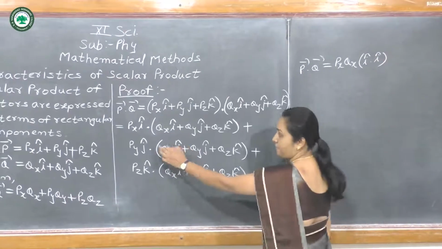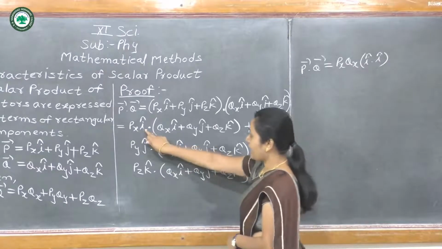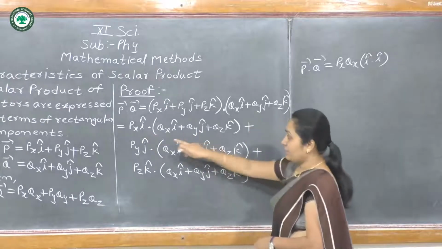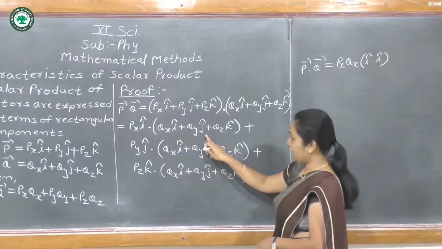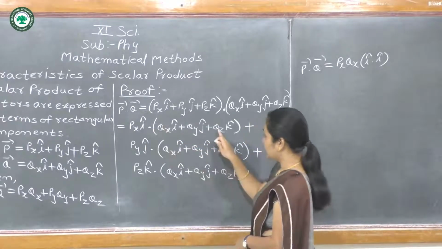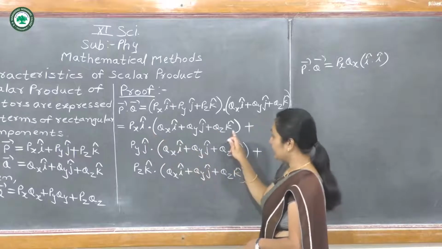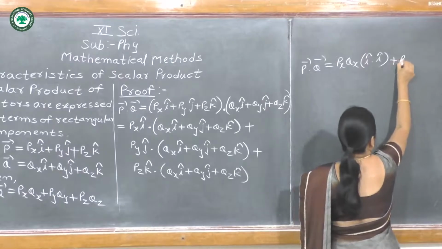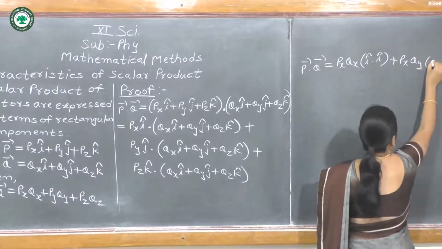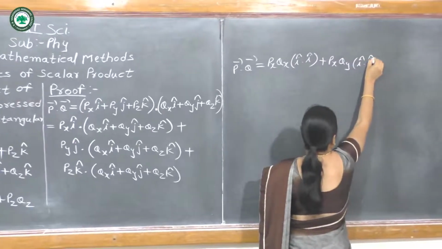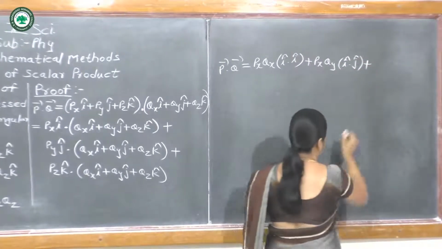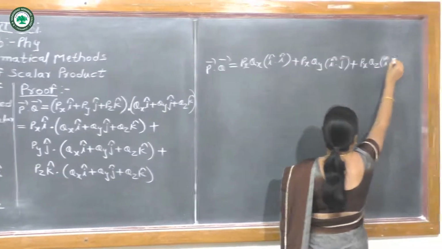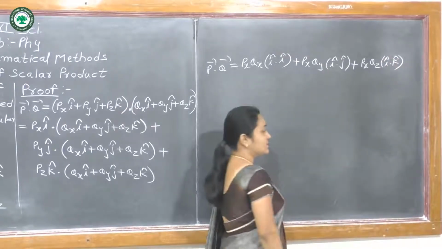So first is px qx i cap dot i cap plus px qy i cap dot j cap plus px qz i cap dot k cap. So we can write it similarly.